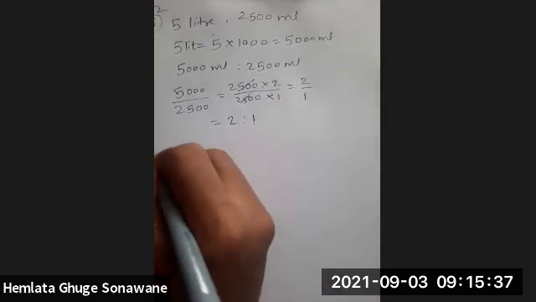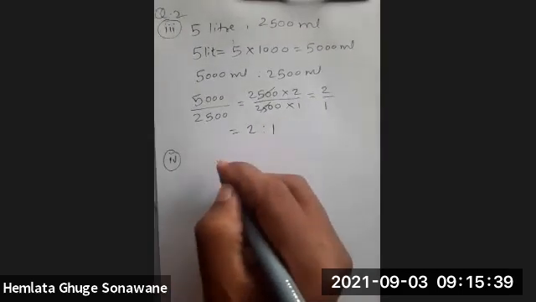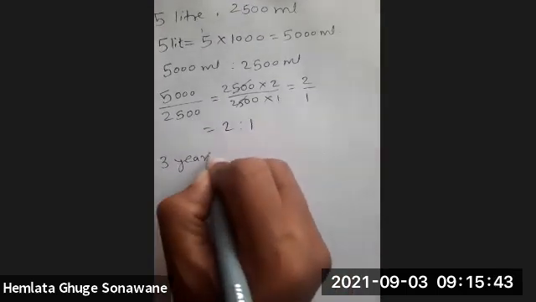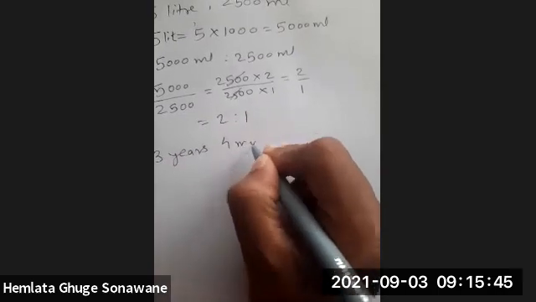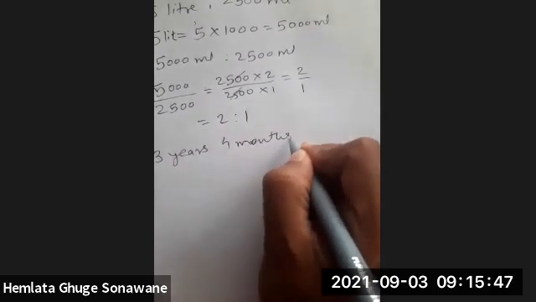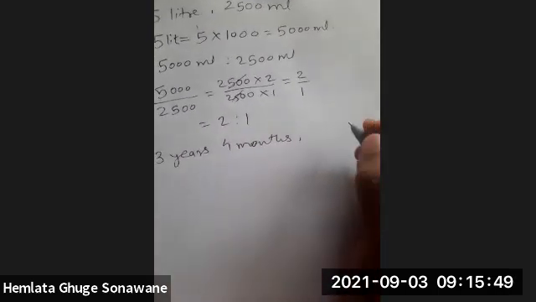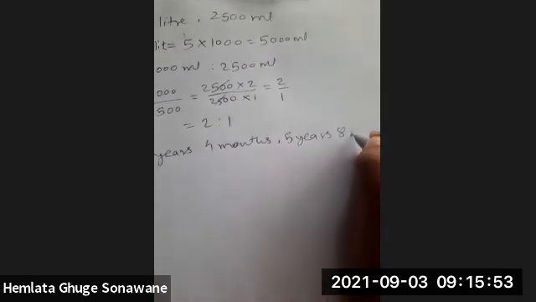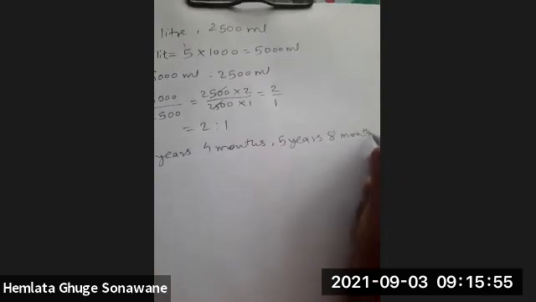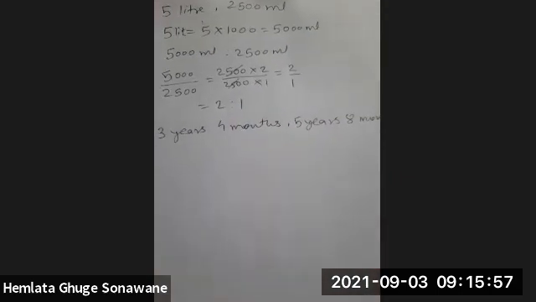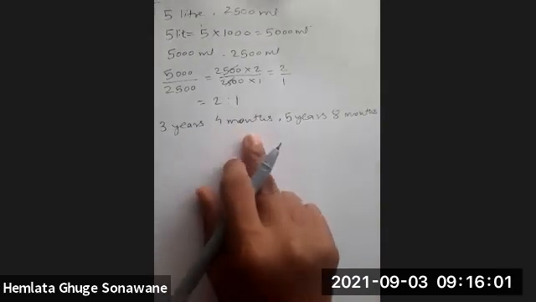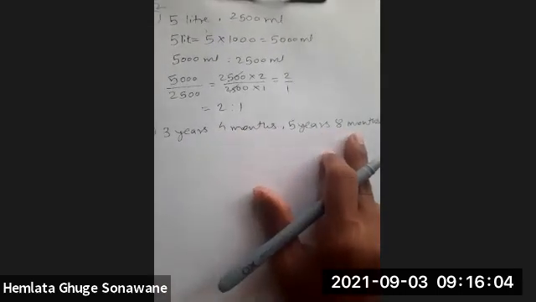Next example, the fourth one. 3 years, 4 months and 5 years, 8 months. Now here the first quantity is 3 years, 4 months and the second is 5 years, 8 months.